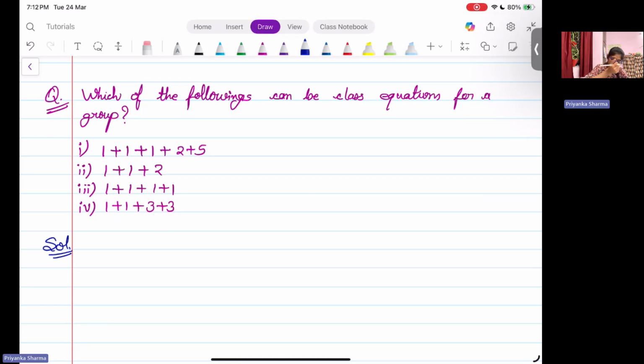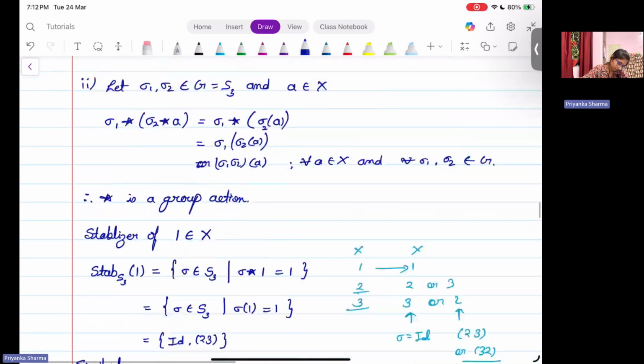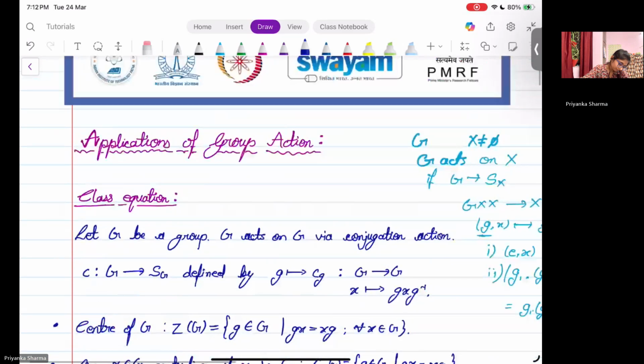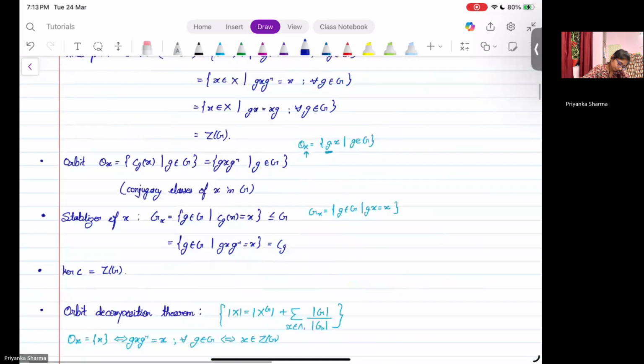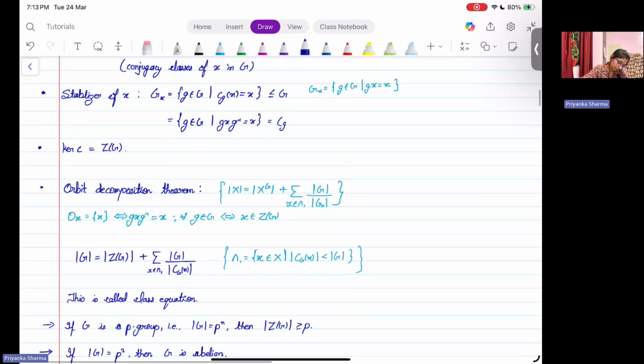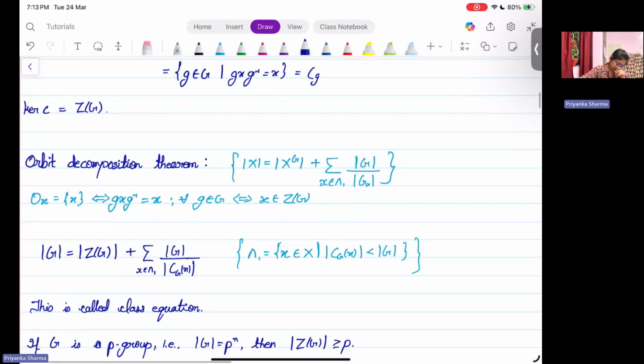First recall what the class equation is. By the orbit decomposition theorem, when a group acts on itself by conjugation, we get the class equation.